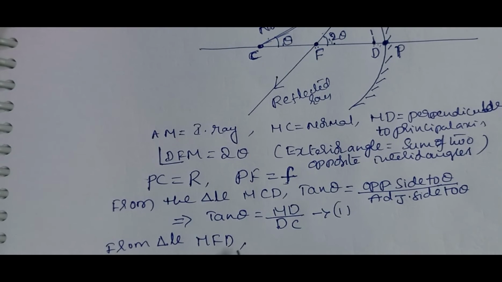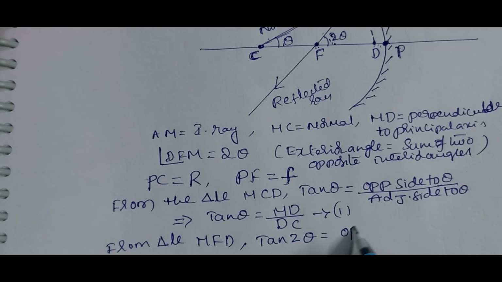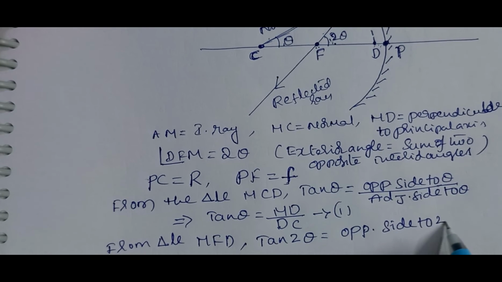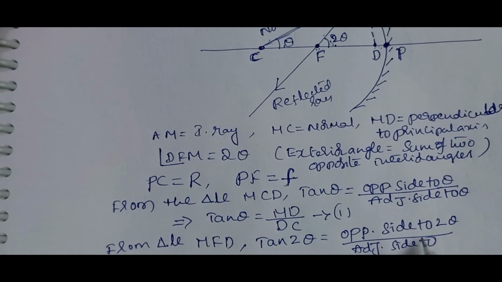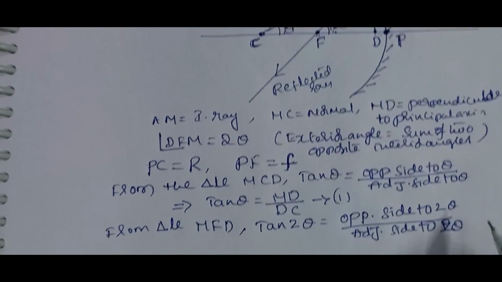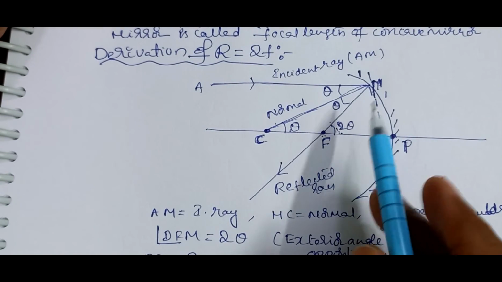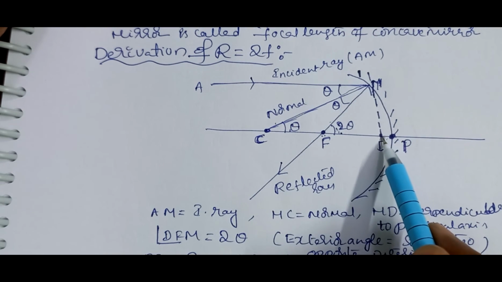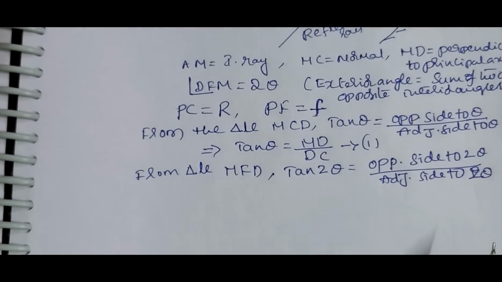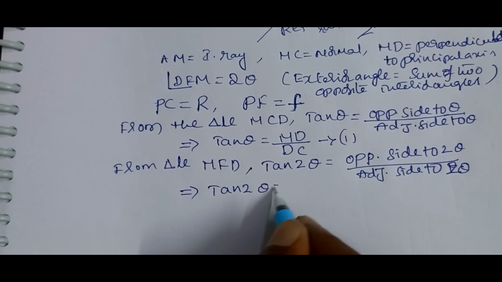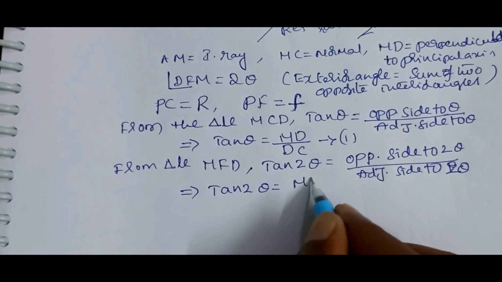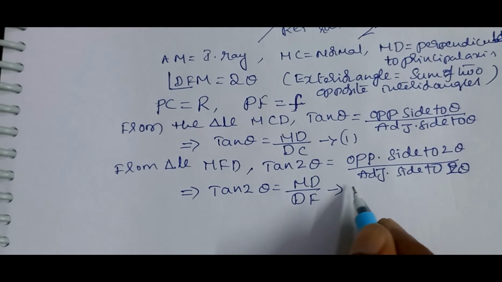So tan 2 theta equals the opposite side to 2 theta by the adjacent side to 2 theta. The side opposite to 2 theta is MD and the adjacent side is DF. So tan 2 theta equals MD by DF, equation number 2.